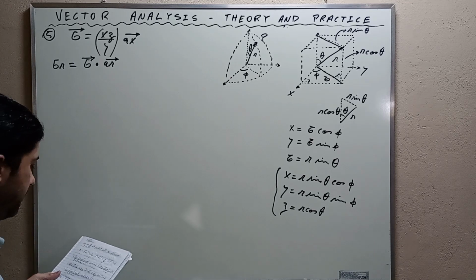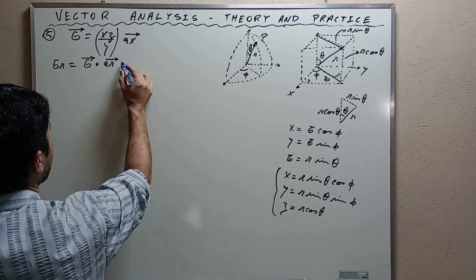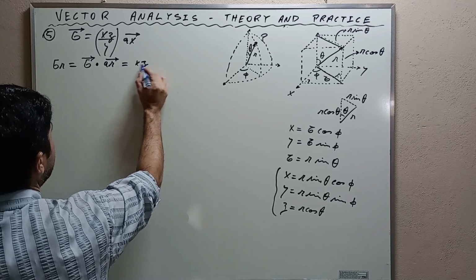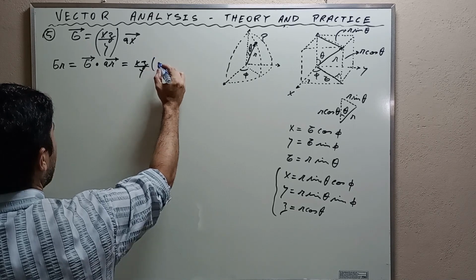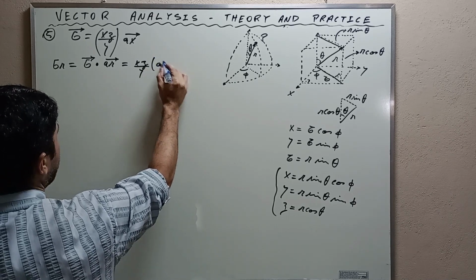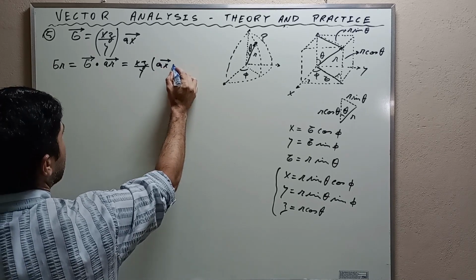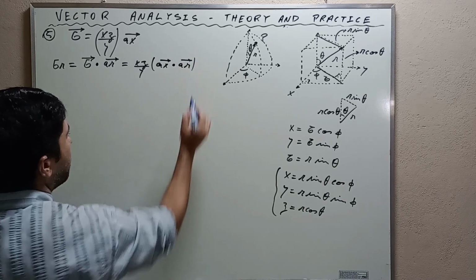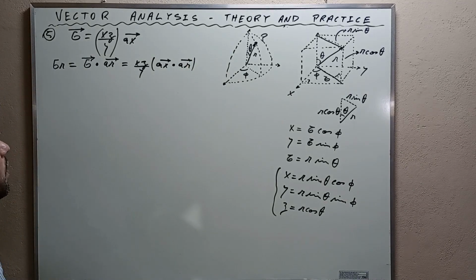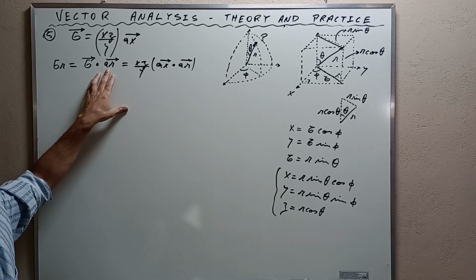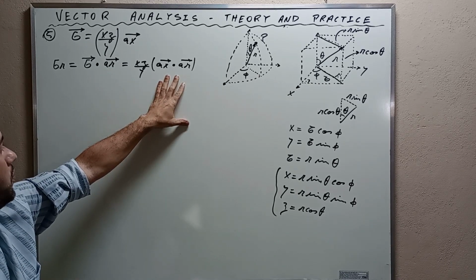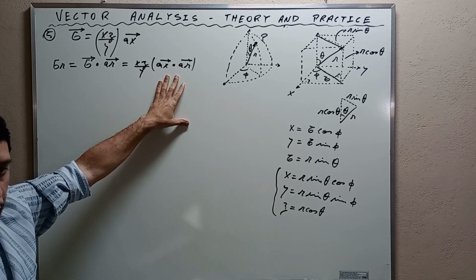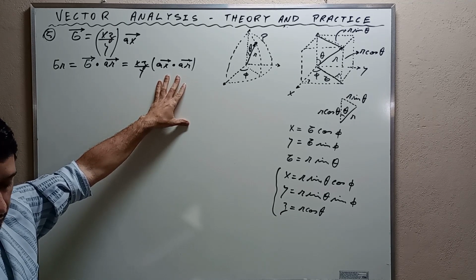Then it is going to be xz over y multiplying ax with ar. The magnitude of a unit vector is simply 1. We don't have to worry about the magnitude. It's going to provide us only the component in the direction of the unit vector. Okay?